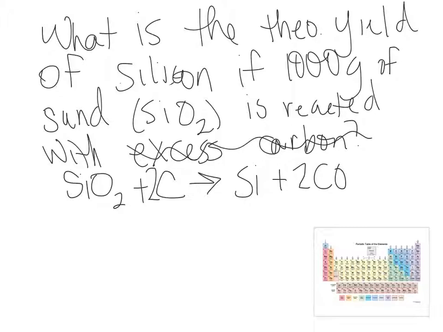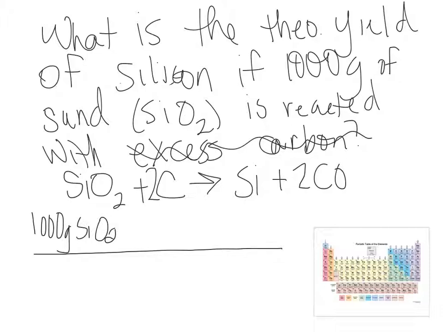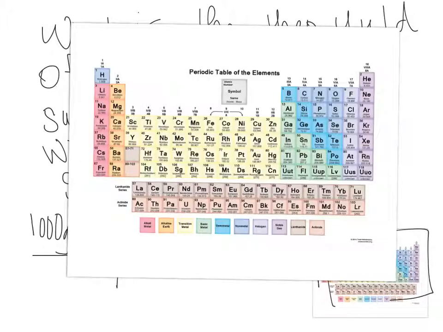So now all we're going to do is a mass to mass conversion. Start with your known like always. So we're going to start with our 100 grams of silicon dioxide. Now I'm going to do the molar mass of silicon dioxide using my periodic table. So let's blow that up. We've got silicon and oxygen.